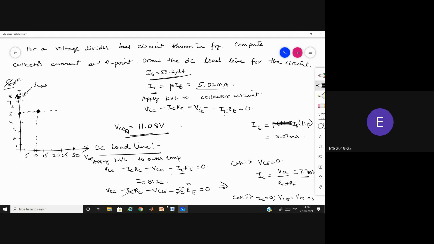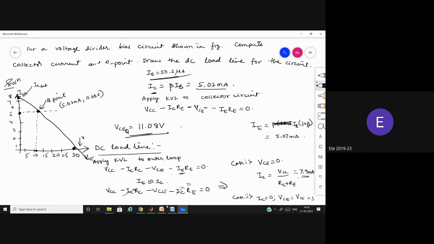Here they are going to join. So this is our Q point, and you have to write the current and voltage together, that is 5.02 milliamps, comma 10.08 volts.